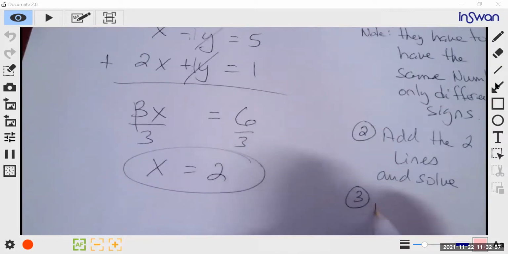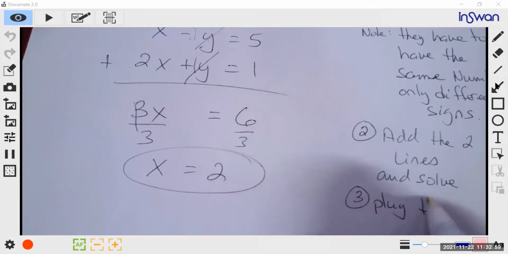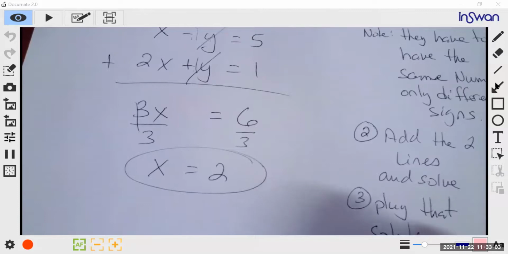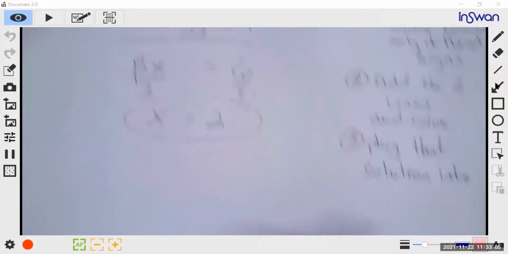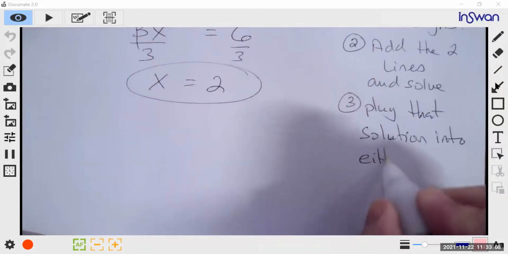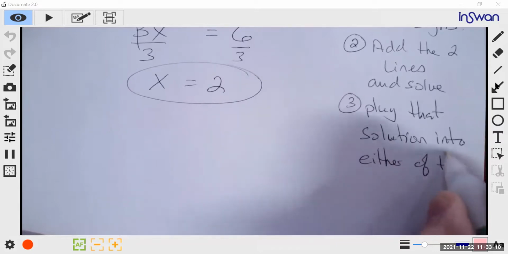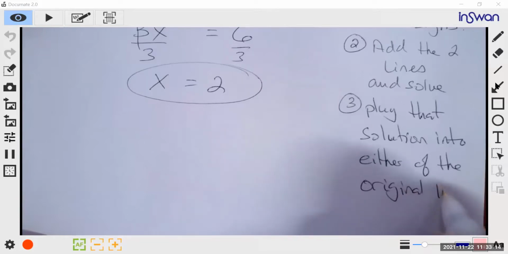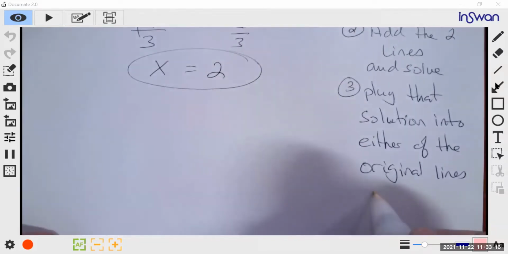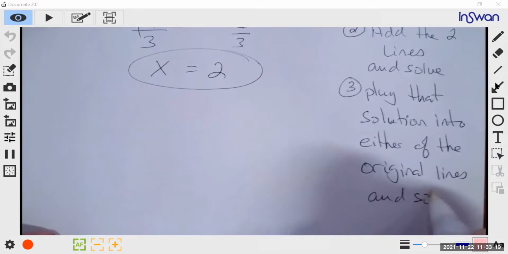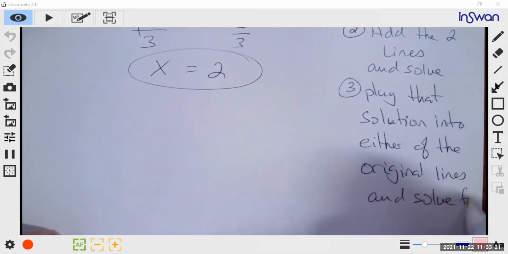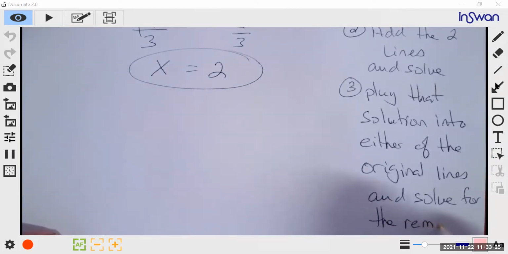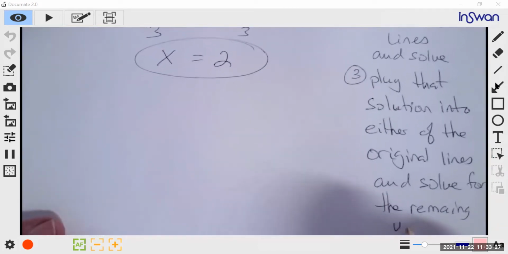Now, plug that solution into either of the original lines and solve for the remaining variable.